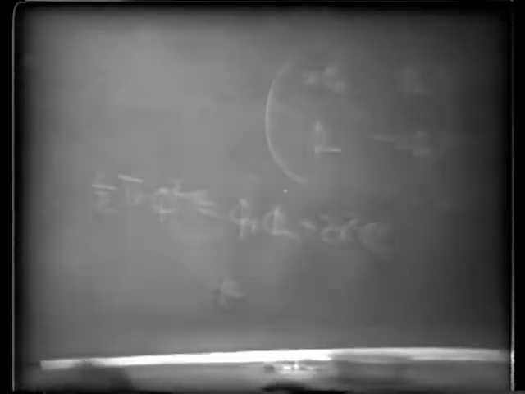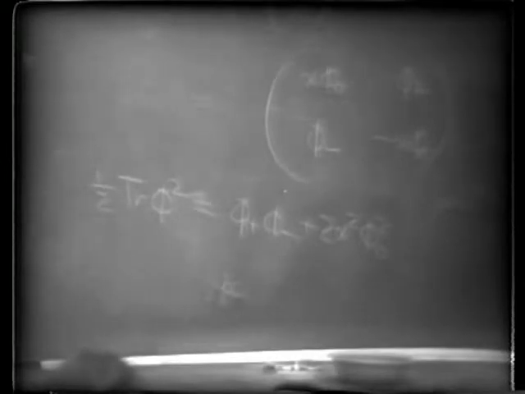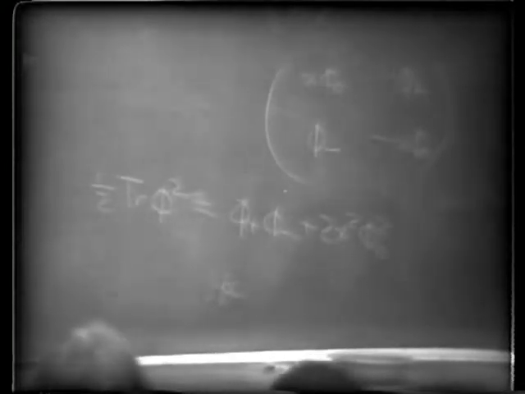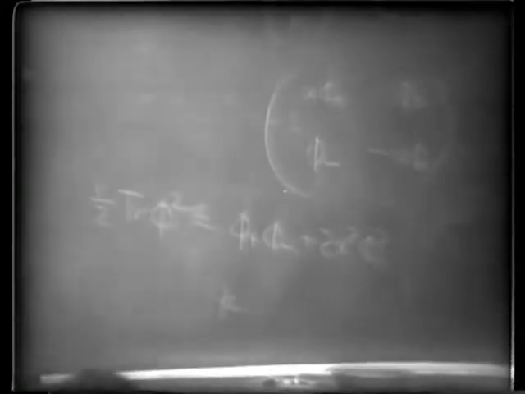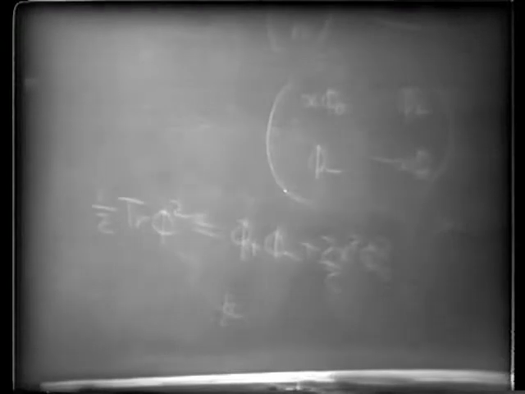And I know that the SU2 symmetric mass term in my other way of thinking of things was phi plus phi minus plus, excuse me, I forgot my 1/2. I put it in here, but not here. Plus 1/2 phi naught squared, 1 for a complex field, 1/2 for a real field.